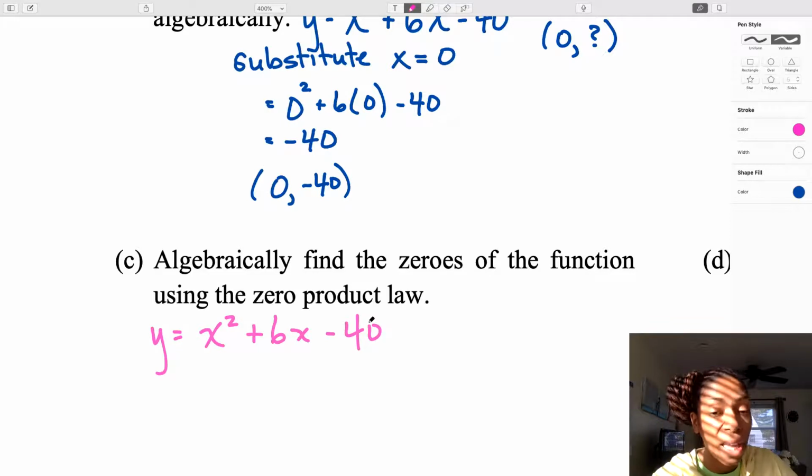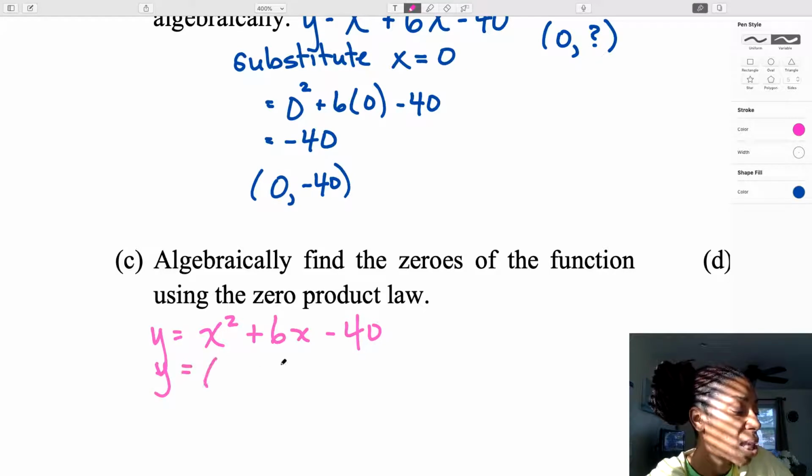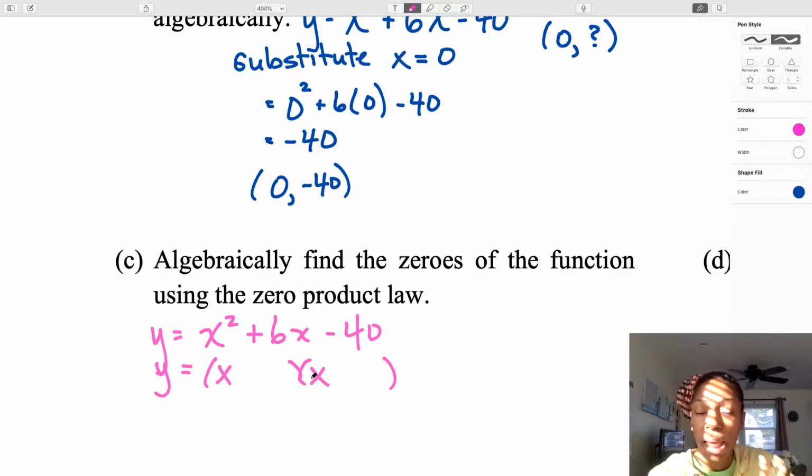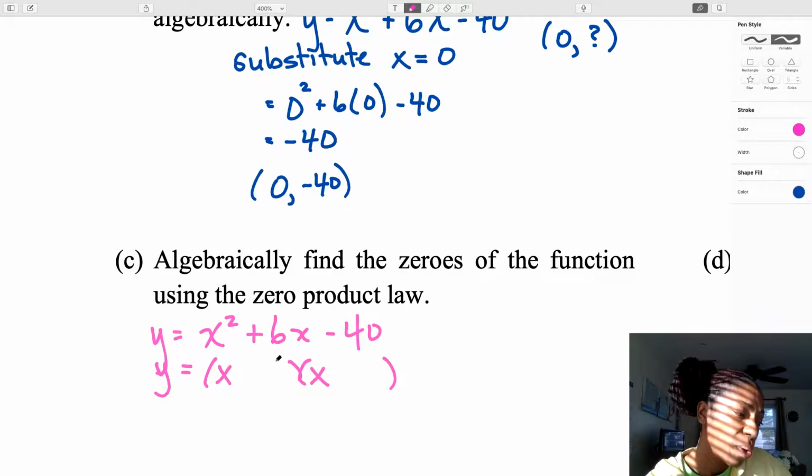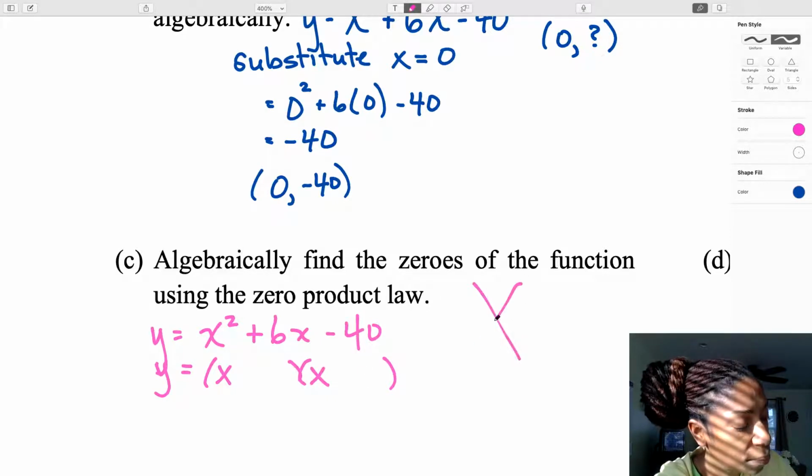We're going to factor to find what we multiplied. We're going to rewrite this as a product of two binomials. So I know x goes here. Now I have to think, what two numbers, when I add them, I get 6, and when I multiply them, I get negative 40.